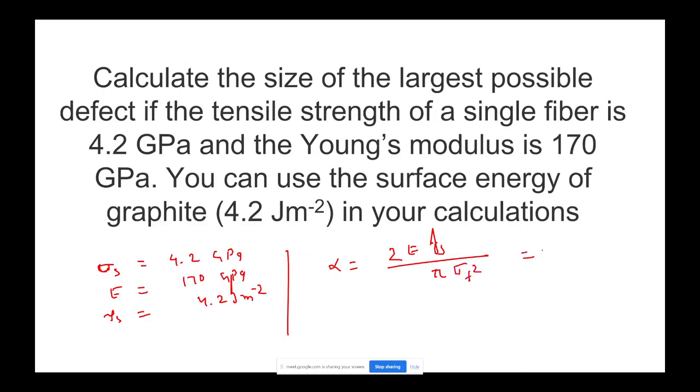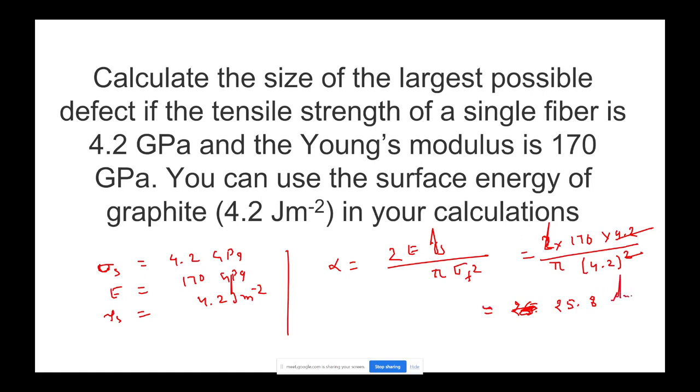When you put in the values, 2 into E, 170, into 4.2, divided by pi into 4.2 square, it comes to around 25.8 somewhere.